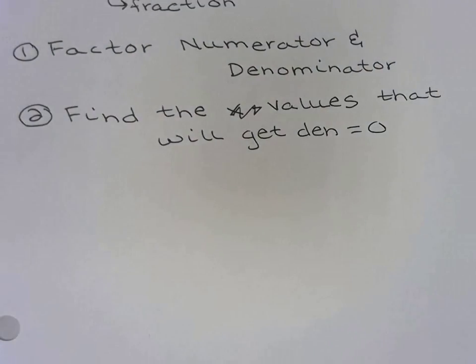It sounds more complicated than I think it will be. I didn't say x values because you might have different variables. We're going to look at the denominator and ask, what values, if I plug in for that variable in the denominator, will get it equal to 0? Those will be the values that cannot exist. Those will be the restrictions, the values that the variable cannot be equal to. It'll make more sense once we look at an example, I think.